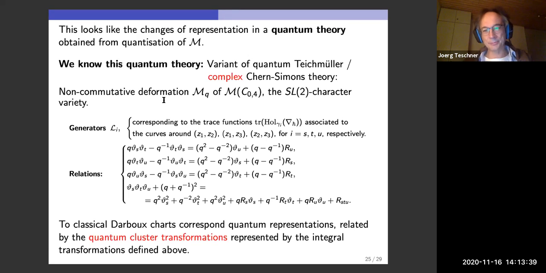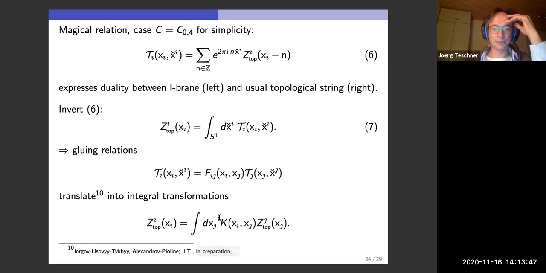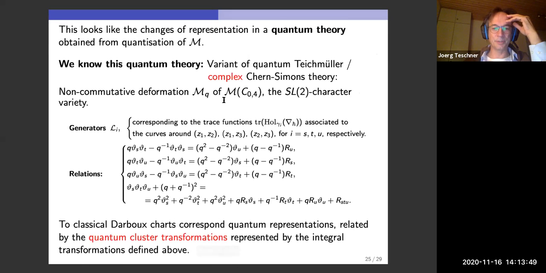As of course you might expect, but here is the proof, if you like: the proof would be by matching these kernels to what you would construct by doing the game of quantizing this guy here. In particular, what we have identified thereby are natural quantum observables to study.